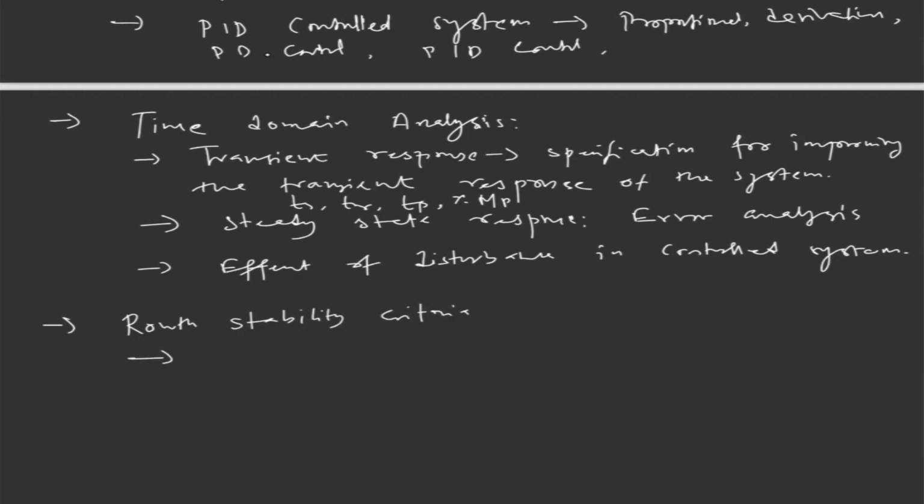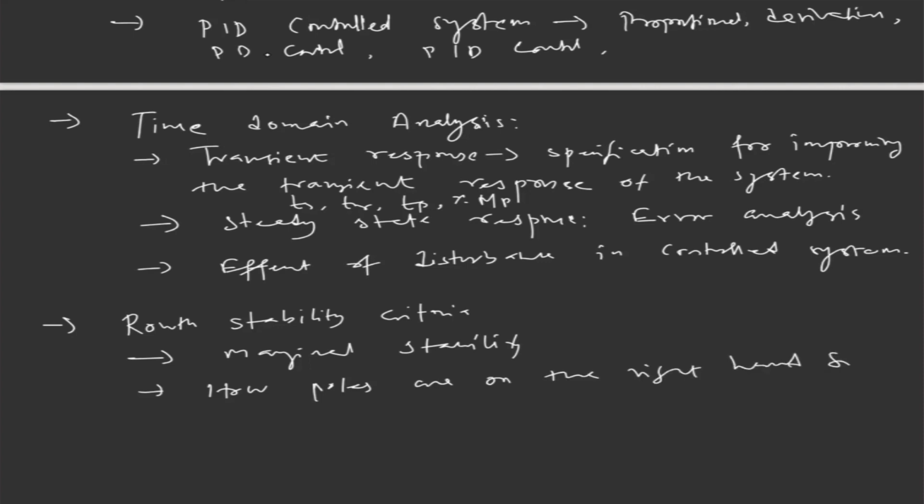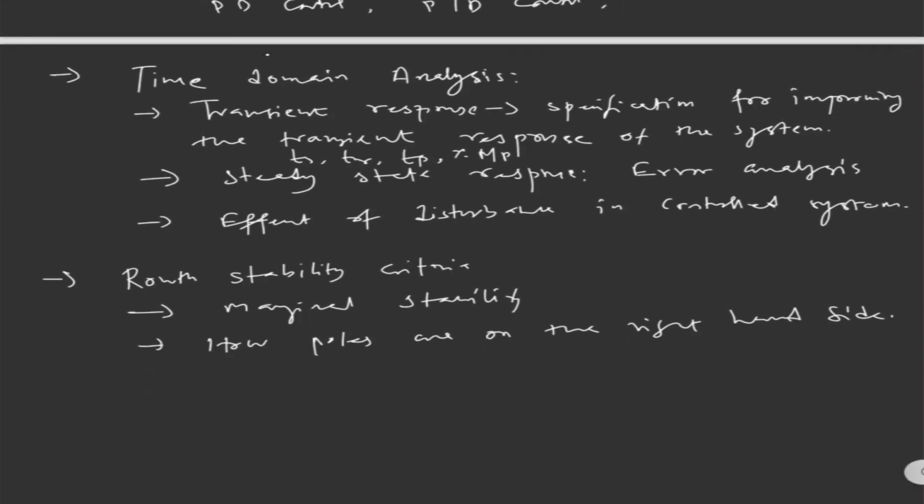Here we have come up with the concept of marginal stability, and how many poles are on the right hand side, based on the polarity changes in the first column in the Routh table. We have discussed that part as well.